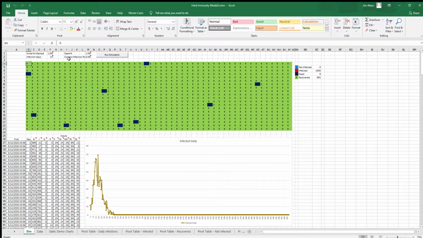This number represents the difficulty in the infection spreading. A higher number means that it's easier for the virus to spread. It means that out of 100 contacts, 5 of them will pass the virus, will become contagious.